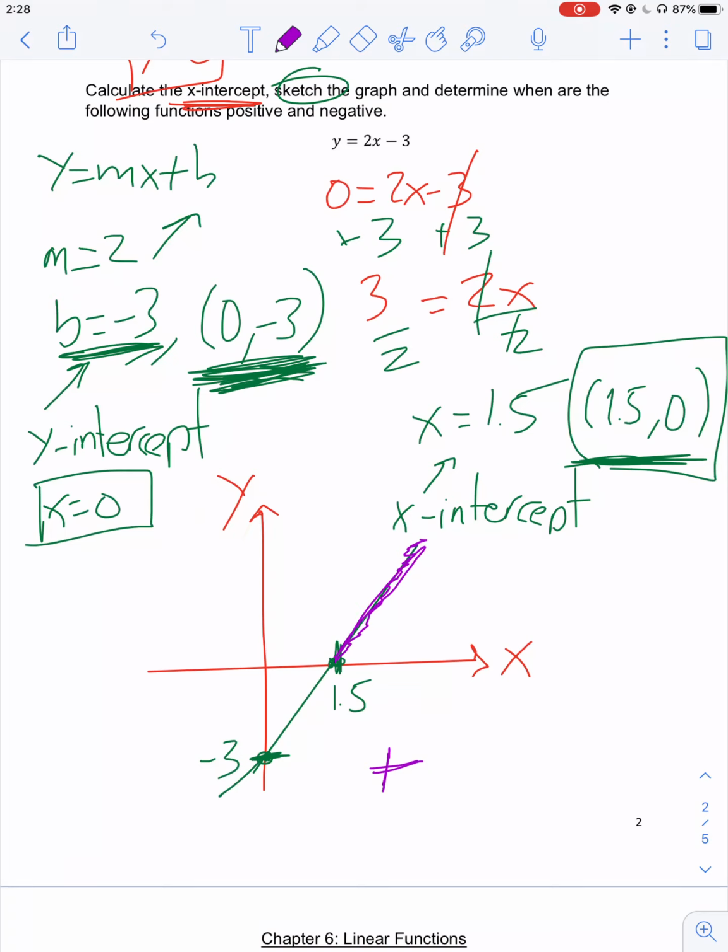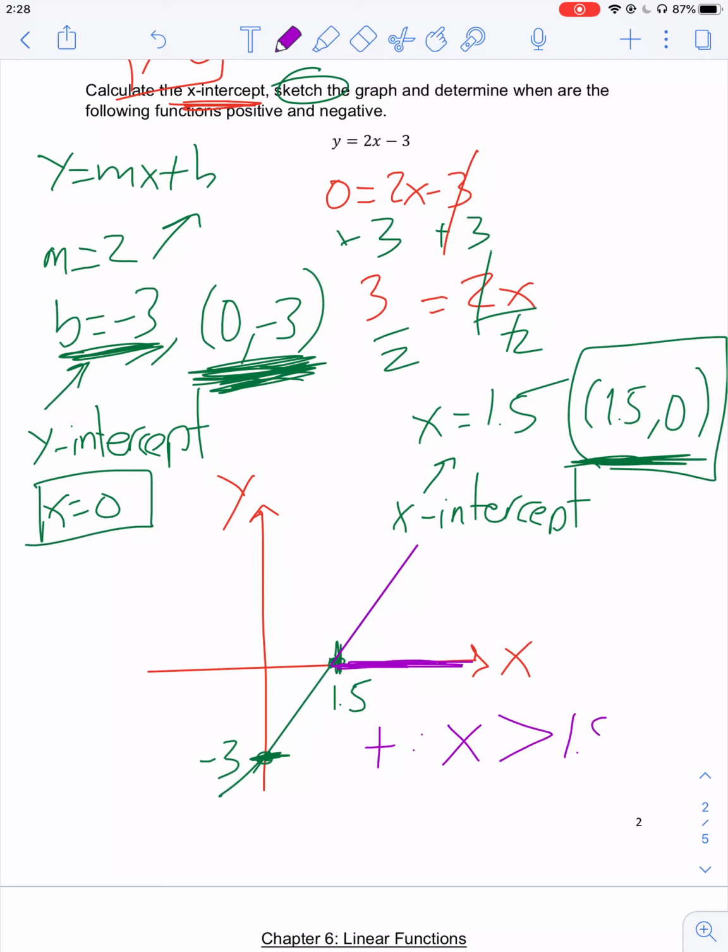Let me clean this up a little bit. This is where my function is positive, but you're going to have to answer this question in terms of the x values. So the question is, for what x values is my function positive? And the answer is, my function is positive when the x values are greater than 1.5.